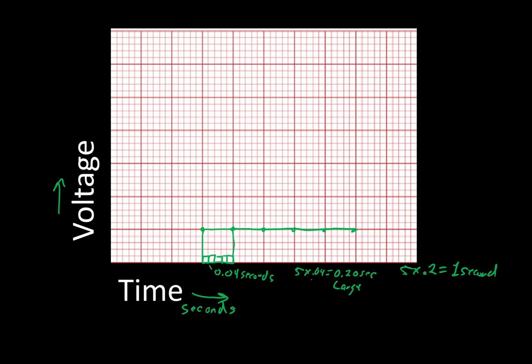Now, the next portion is going to be your voltage, and that's essentially your electricity. And we measure that in millimeters, because each one of these boxes is 1 millimeter squared, so 1 millimeter tall, 1 millimeter long. And so we measure voltage vertically. Now, to make the most sense out of this, I'll say this.